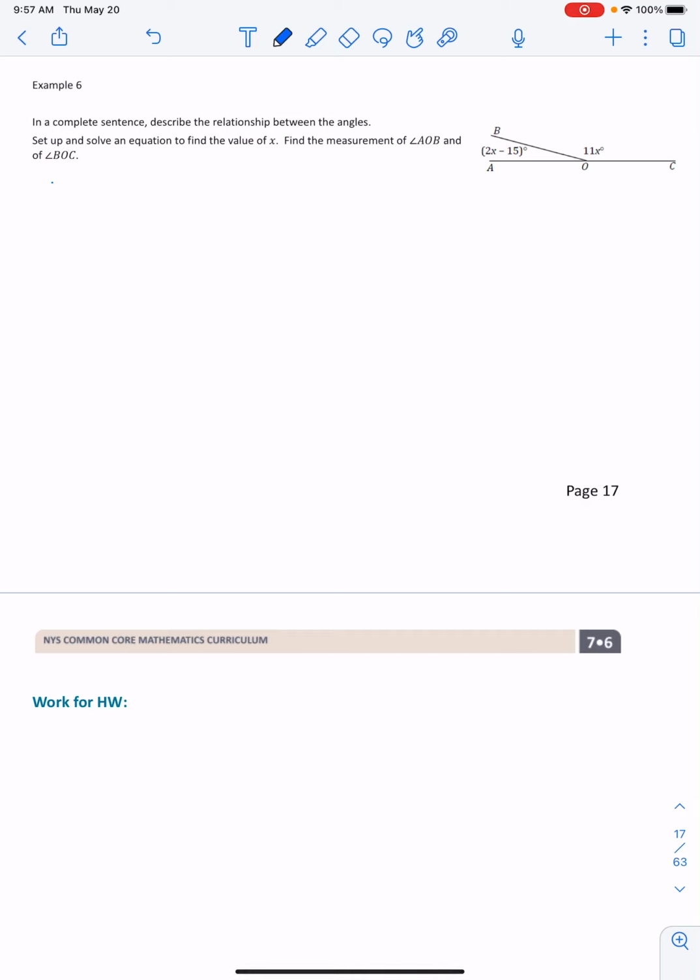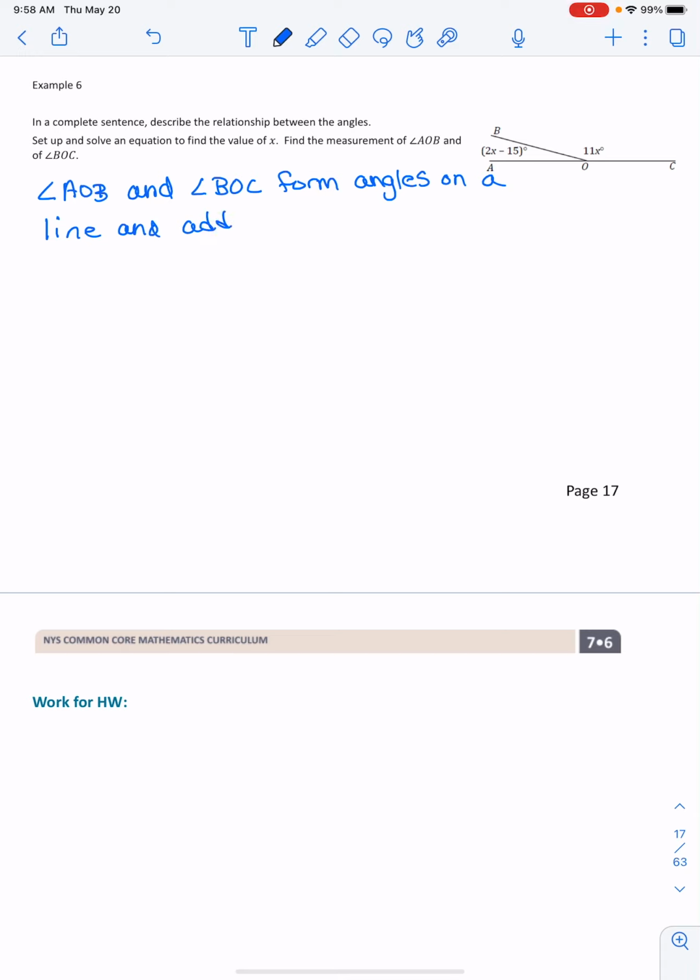So we have angle AOB and angle BOC form angles on a line and add up to 180 degrees. So we have 2x minus 15 plus 11x equals 180.